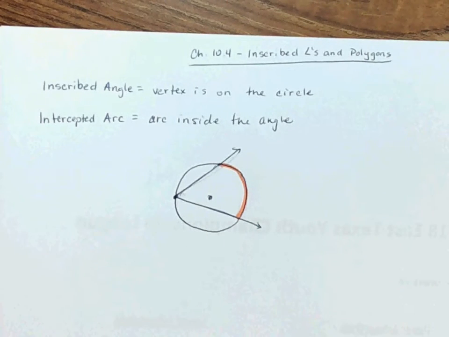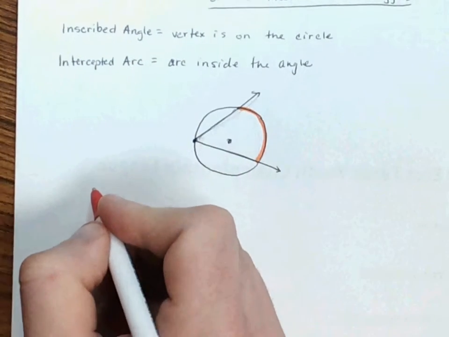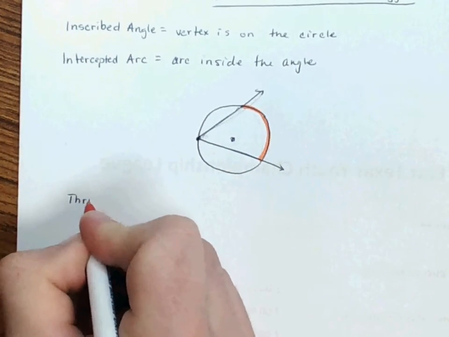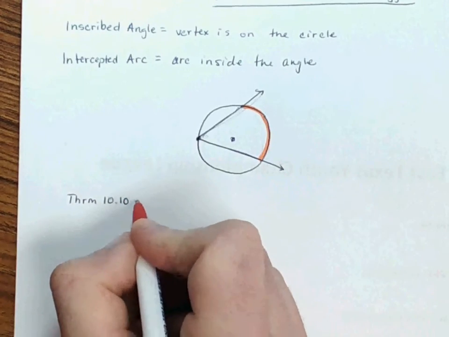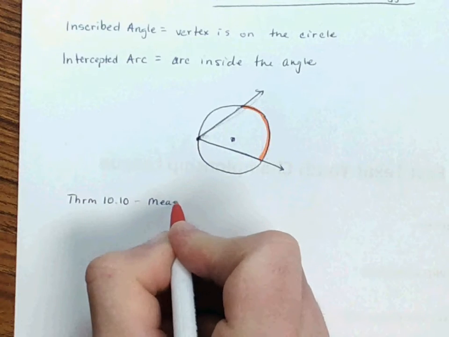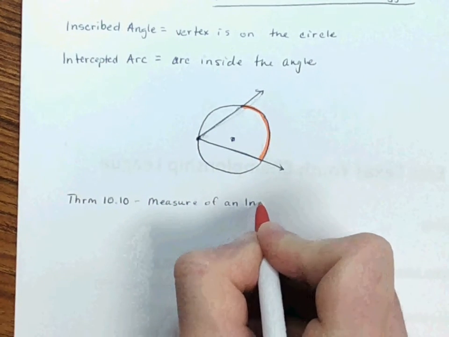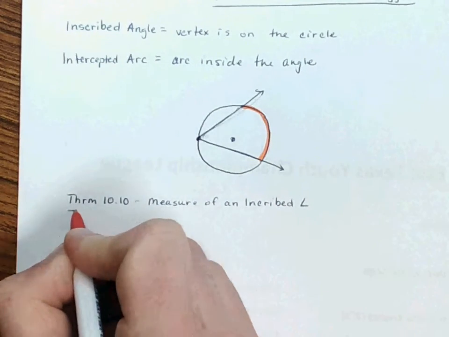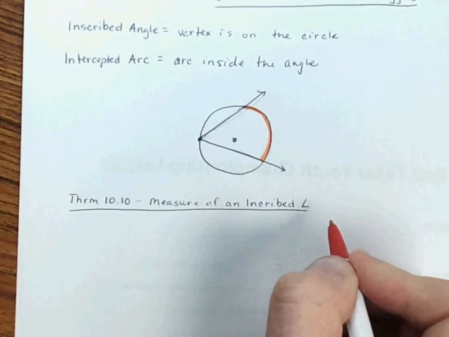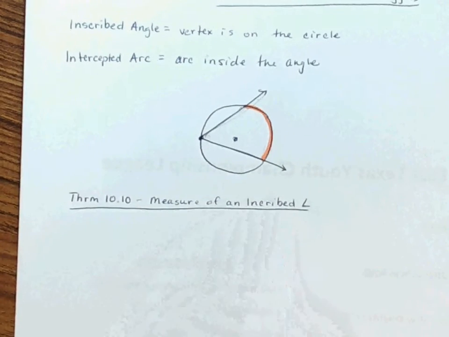So we've got a theorem, theorem 10.10. It's called the measure of an inscribed angle theorem. Guess what it's going to tell us? How to find the measure of an inscribed angle.